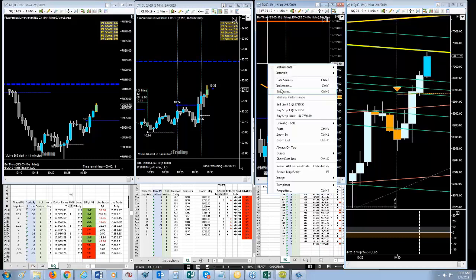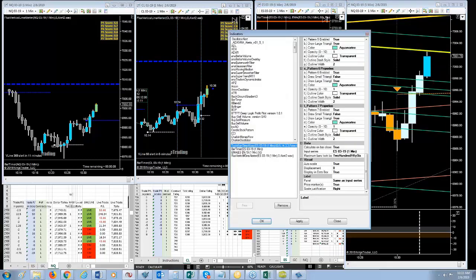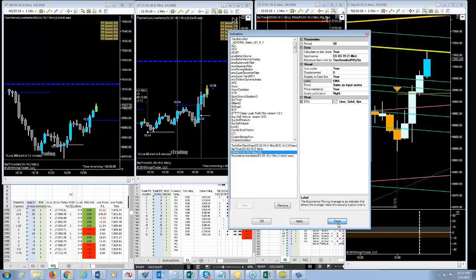On this chart, I'm using a 50 period moving average, I believe. Yeah, 50 EMA.